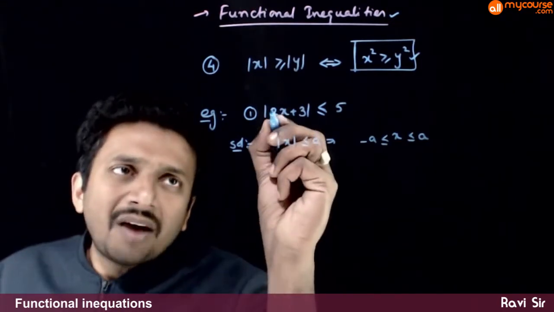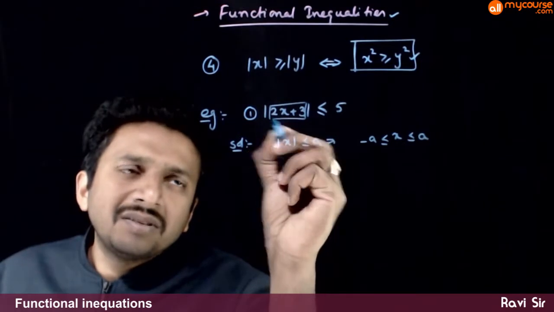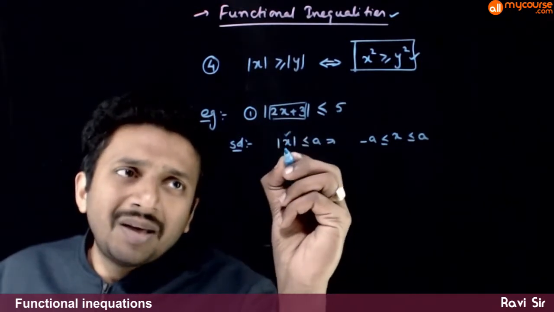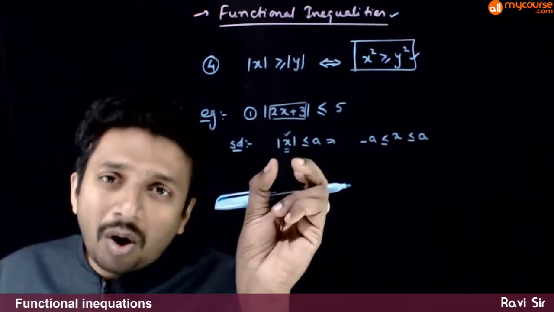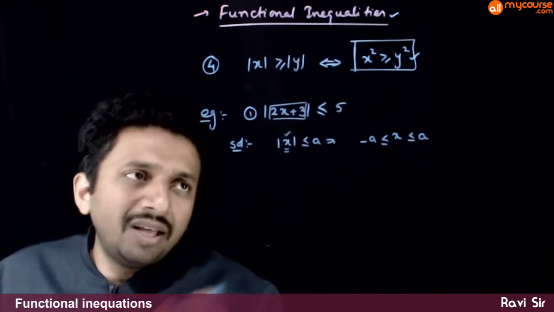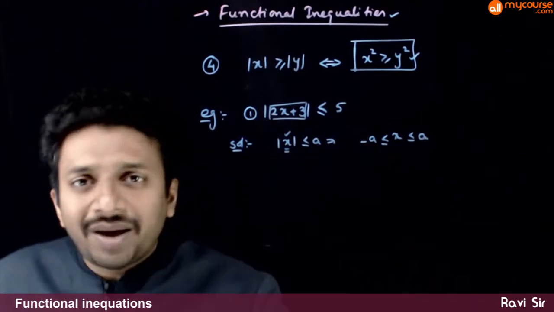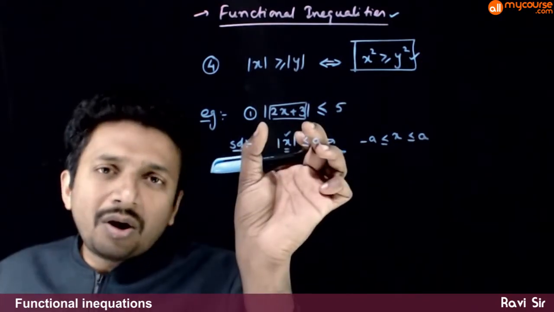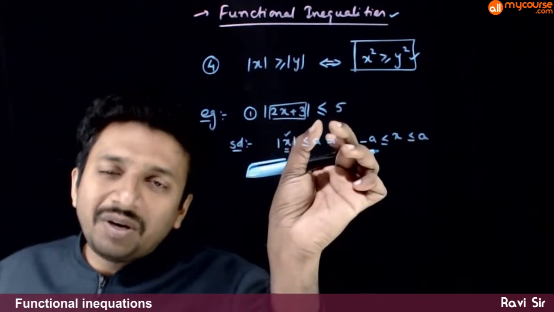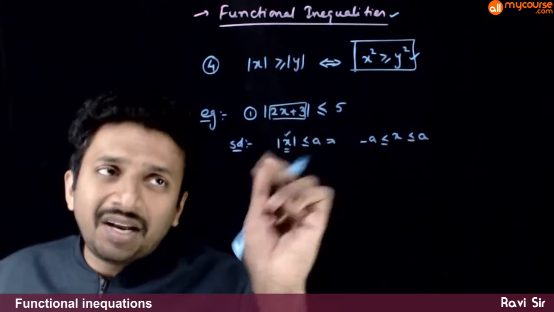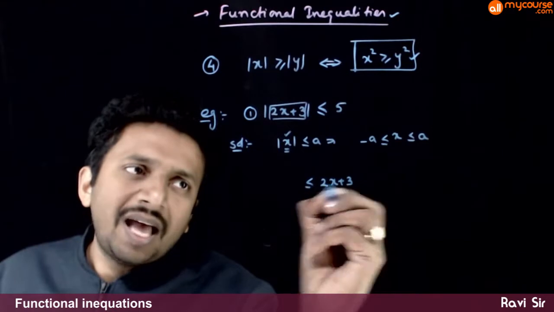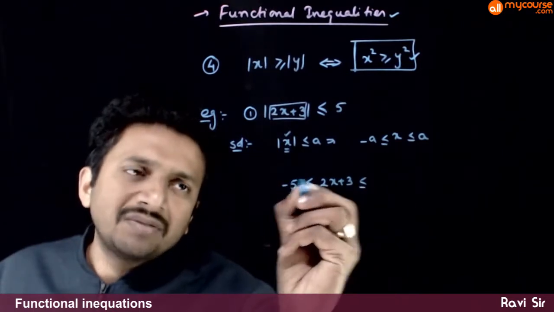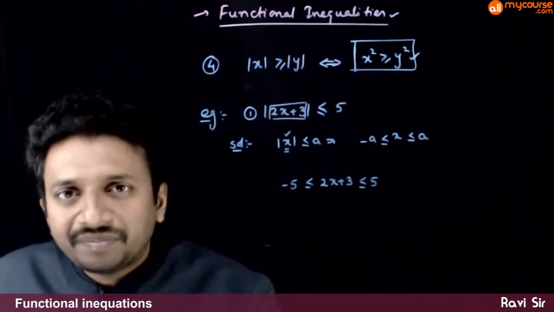Here you have mod of something. Inside the mod, the number need not always be x. X can be read as something. If mod of something is less than or equal to a, then that something has to lie between minus a and plus a. So mod of 2x plus 3 is less than or equal to 5, so this something which is inside the mod, 2x plus 3, has to lie between minus 5 and plus 5.